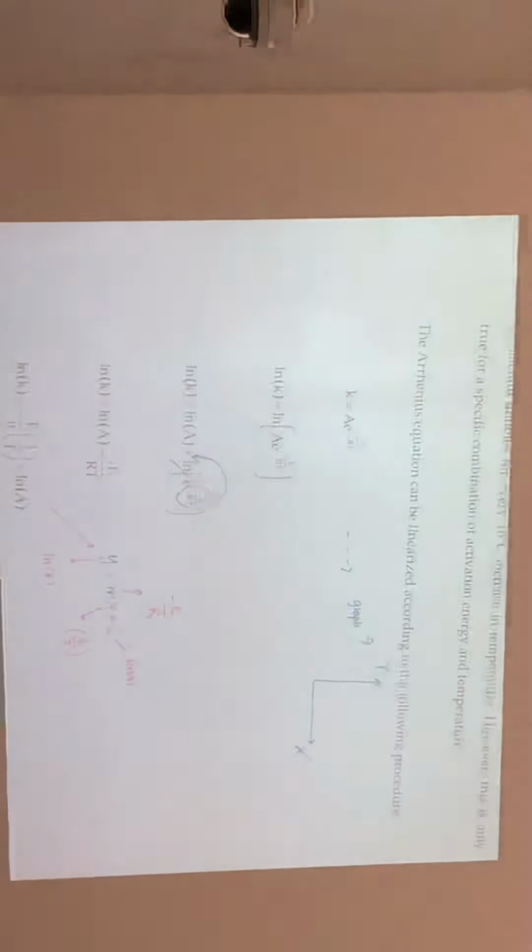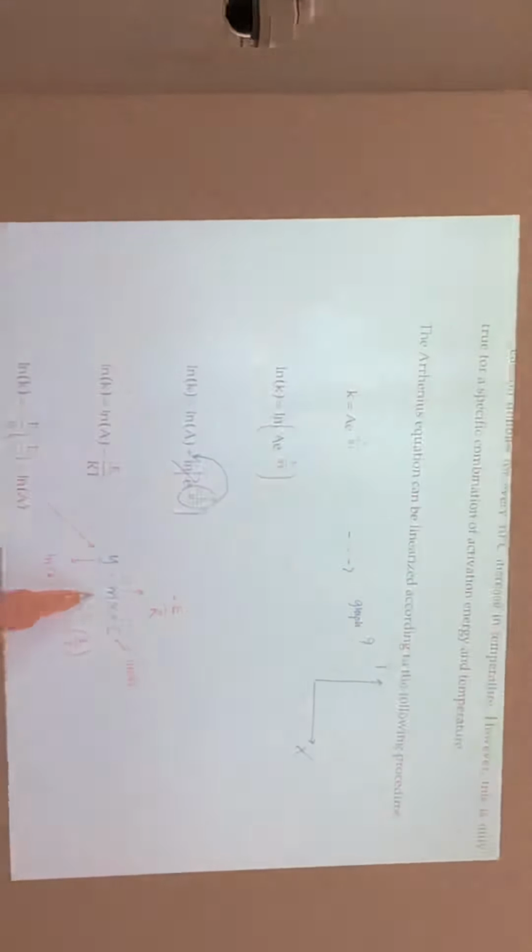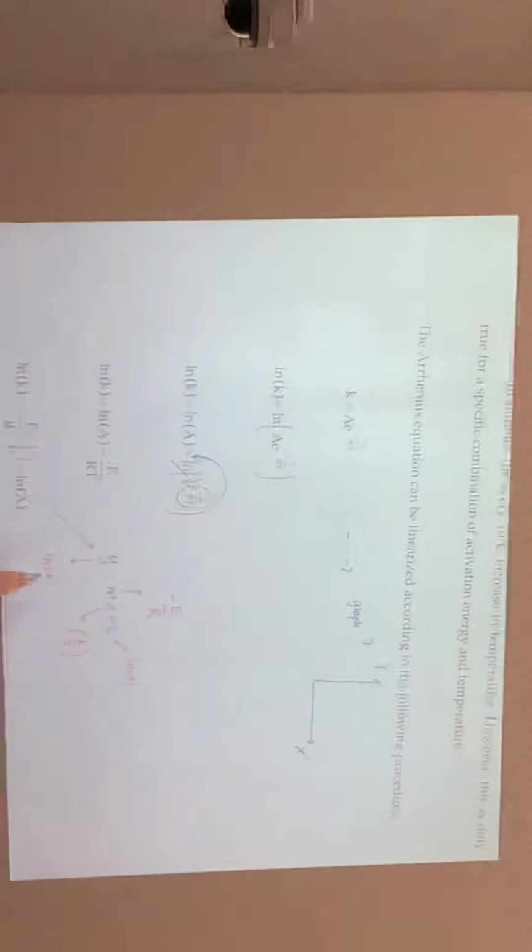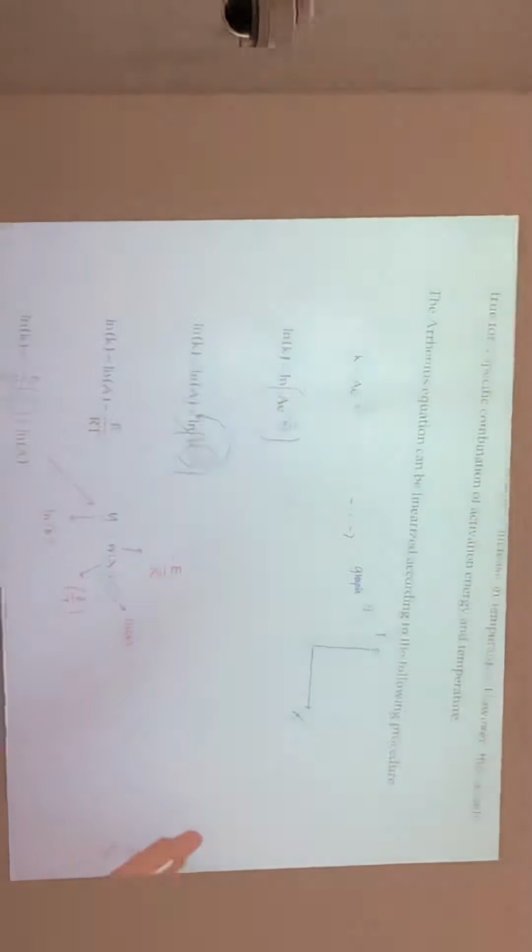So now we can use this information. We plot the graph between these, and you will basically get a straight line. And do take note that the slope is actually negative, which means that the slope will decline.